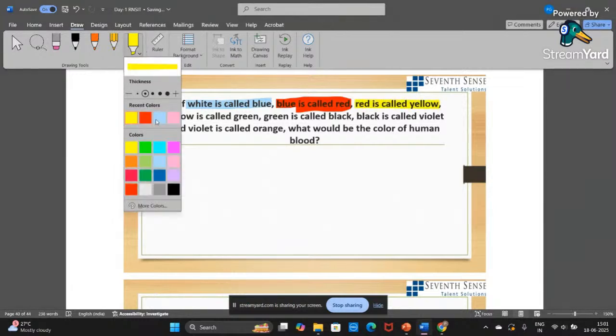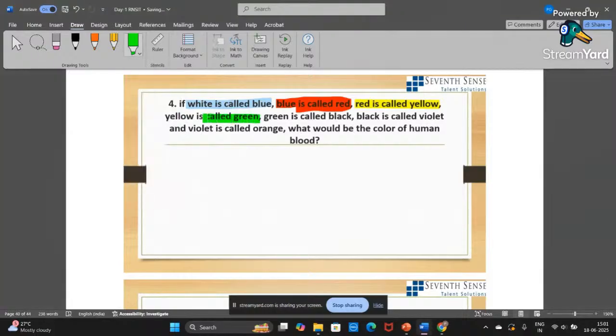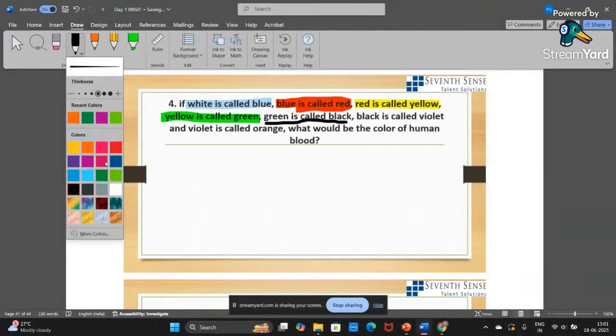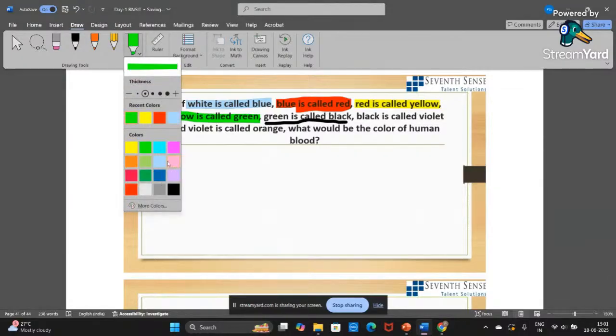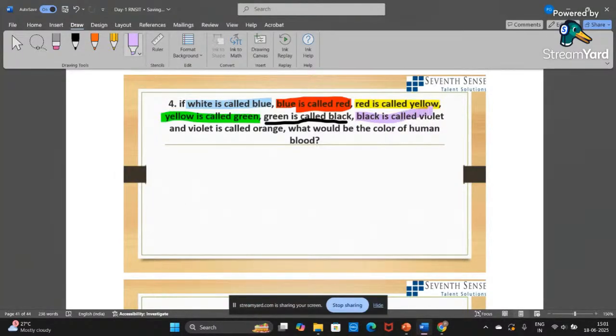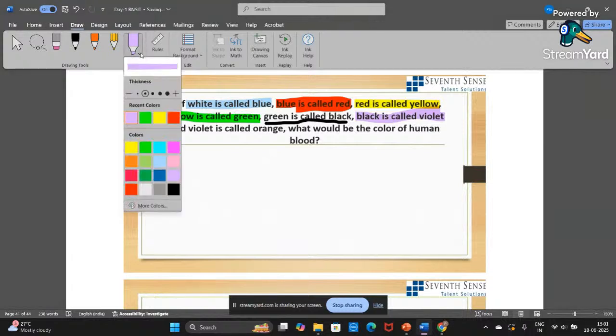Yellow is called green. Green is called black. Black is called violet. Then violet is called orange.